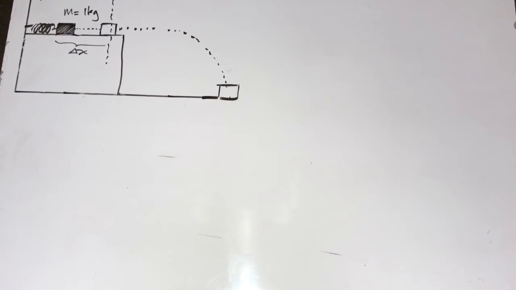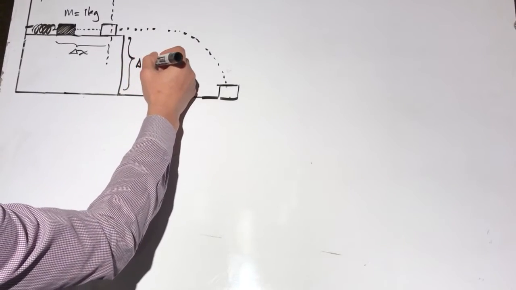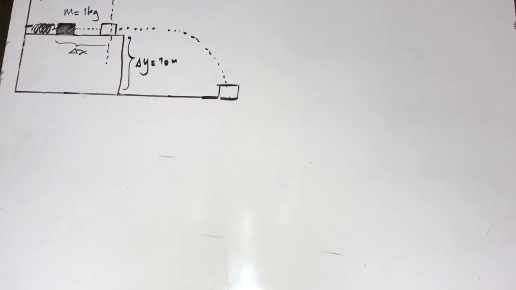In order to apply the kinematic equation, you must know the height. I'm just going to say it's 10 meters also. The height is 10 meters, the spring constant is 10, and then we have to figure out how fast the box is moving.